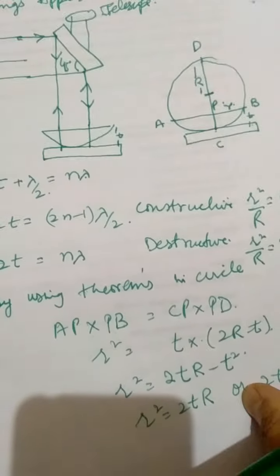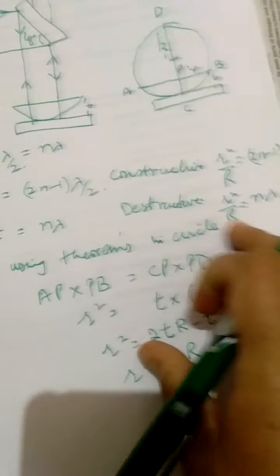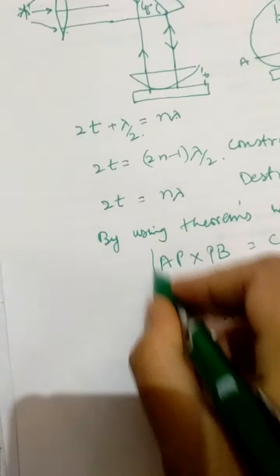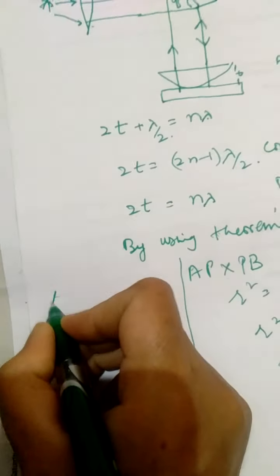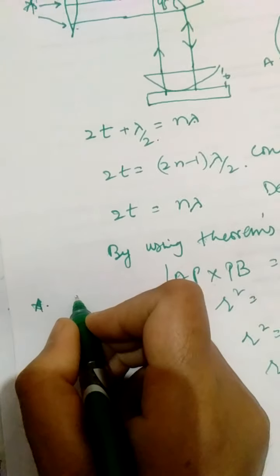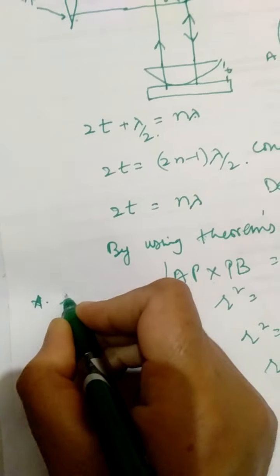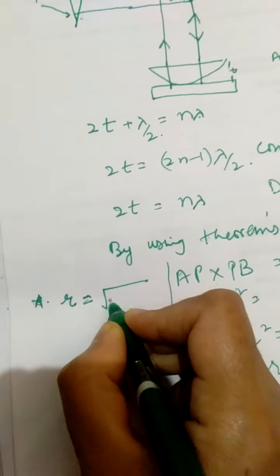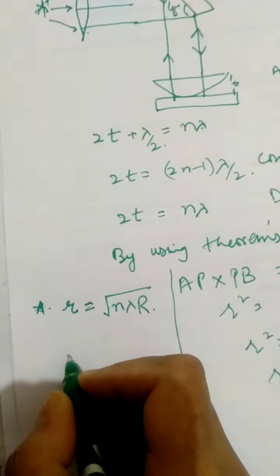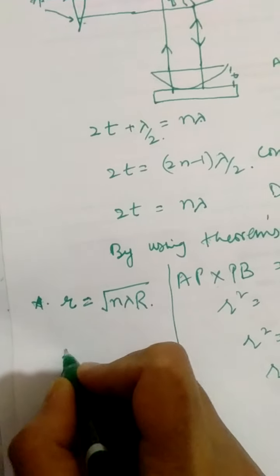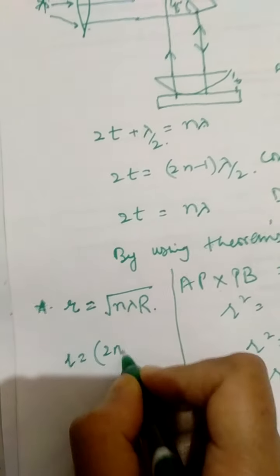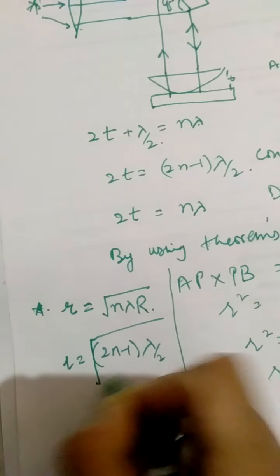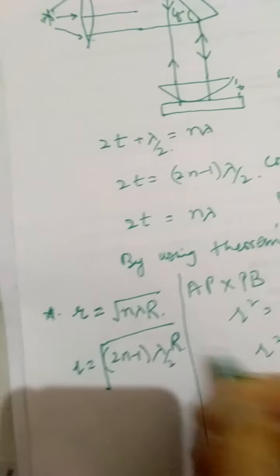Therefore, that means from here we can take it to, I'm putting a star here, so we can take it here. In all you get that for dark fringes it is r equal to under root of n lambda R, and for bright fringes r is equal to under root of (2n minus 1) lambda by 2 times capital R, right?